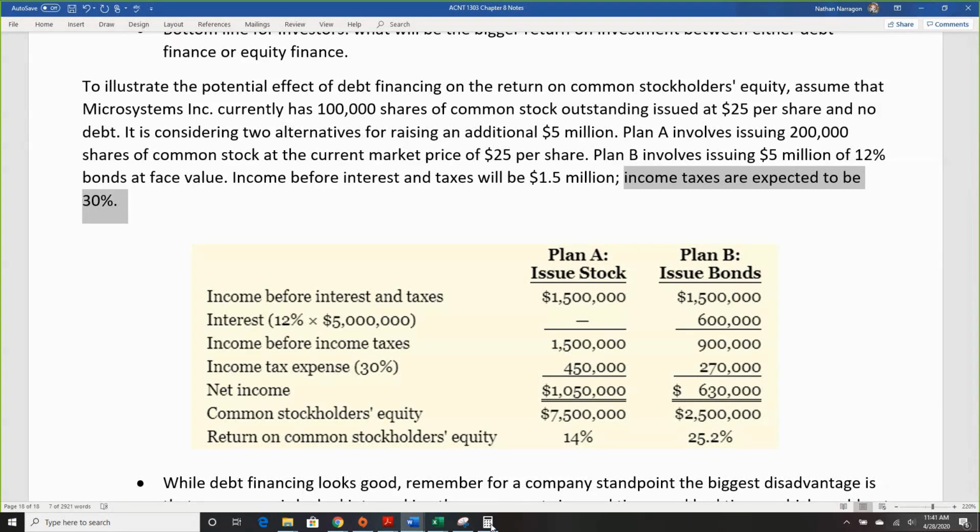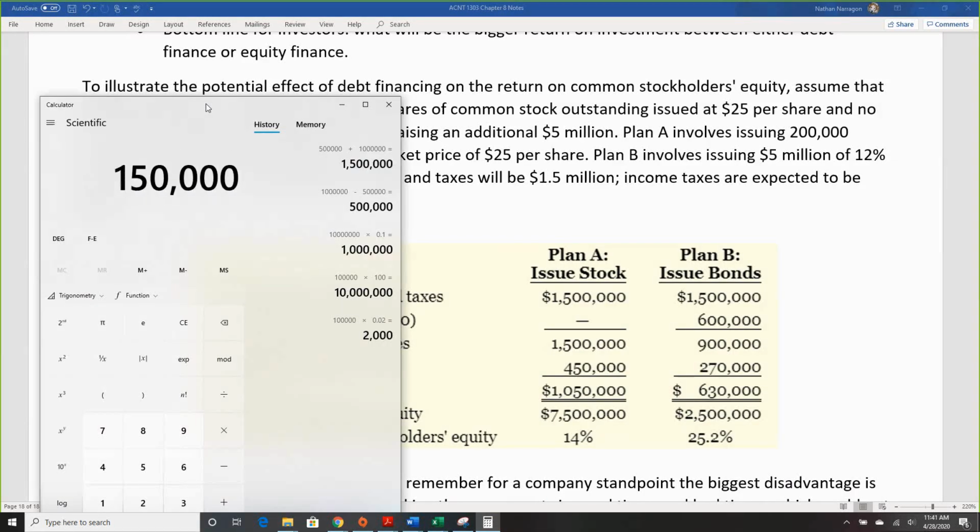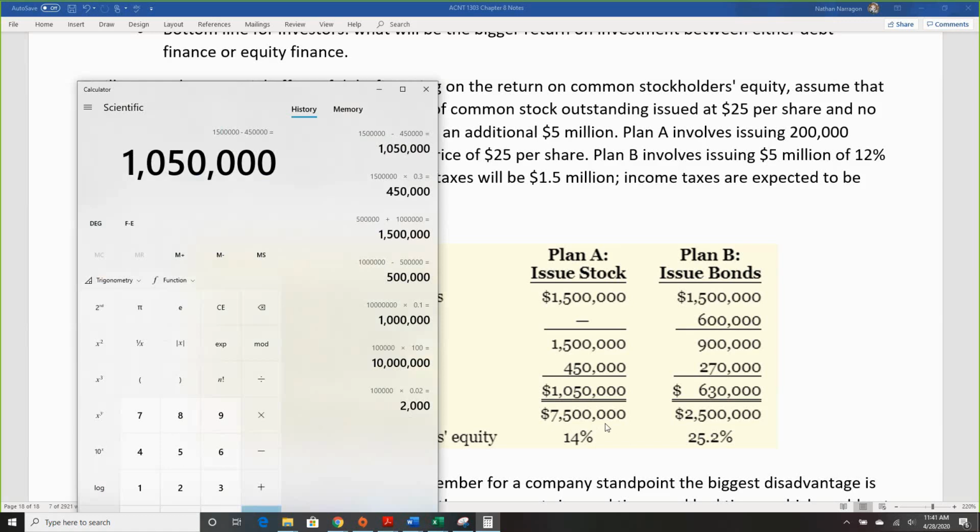So basically, this is what they just did. They took the 1,500,000 times 0.3 for tax. That's how we got the 450,000. Then we took the income minus the tax. That's how we got net income. Now, they said common stockholders' equity is $7,500,000. This is due to this.